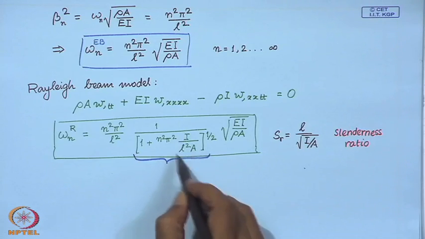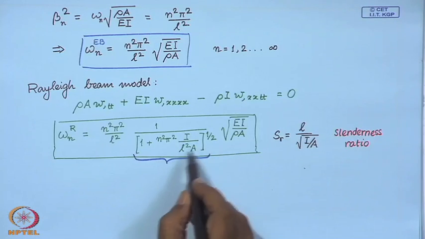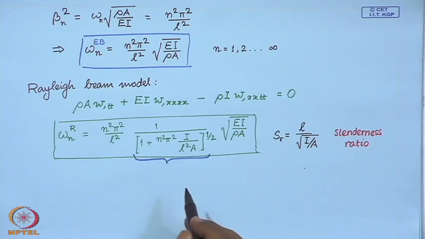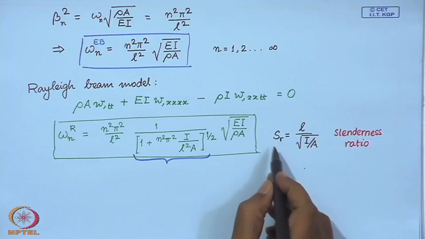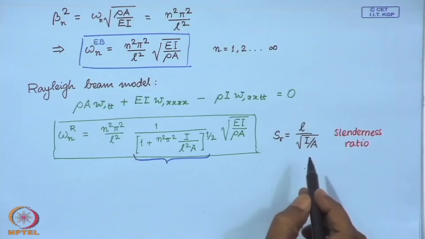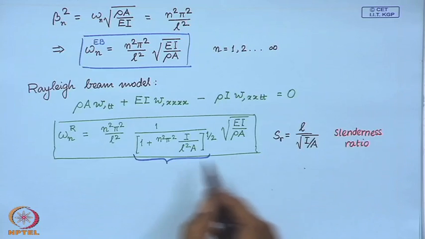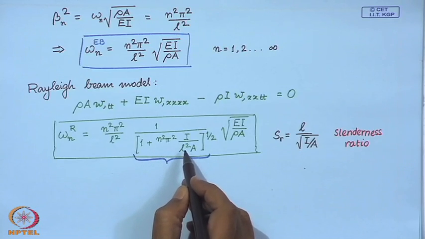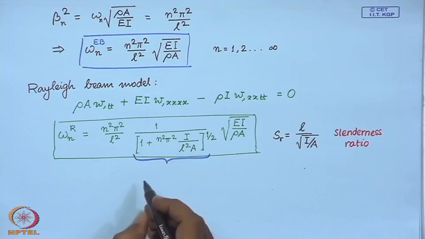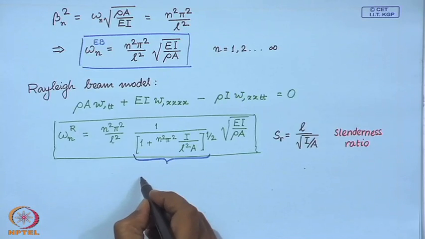Now, the square of this appears in the denominator of this term. So, you see if the beam is very slender, which means slenderness ratio is very high, then this term I can write as.